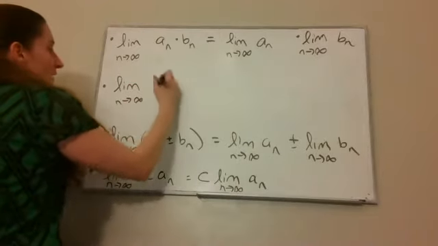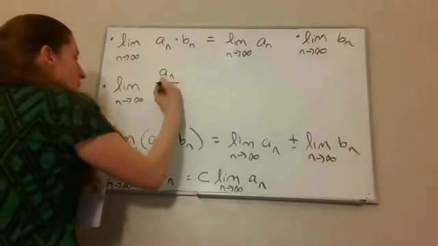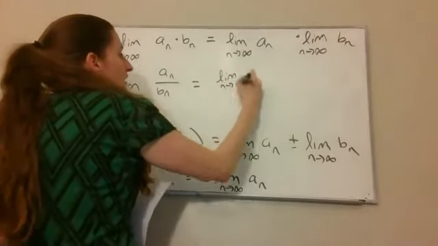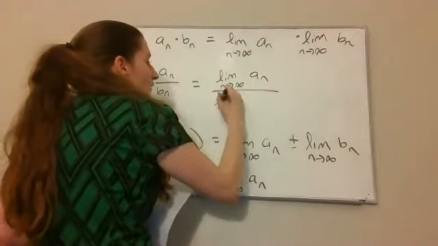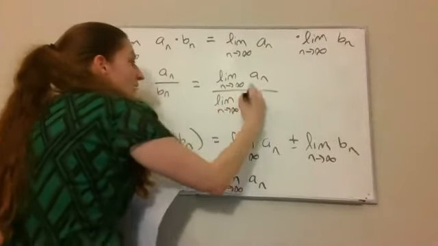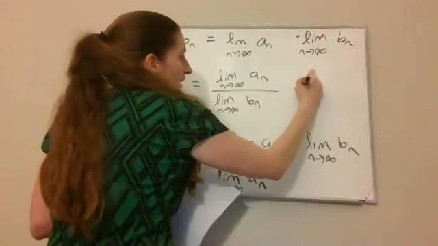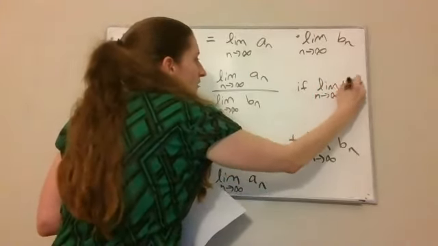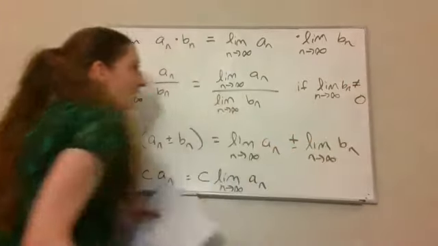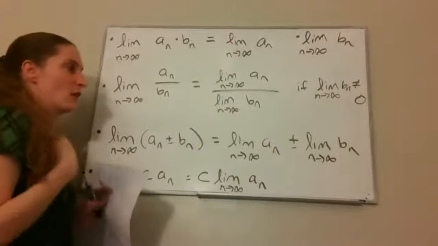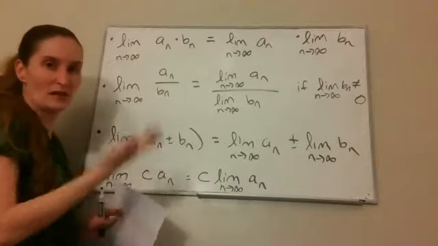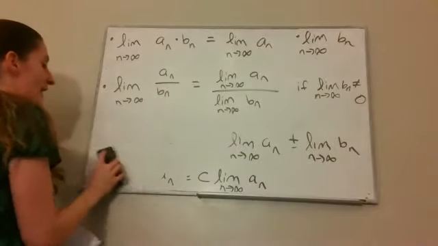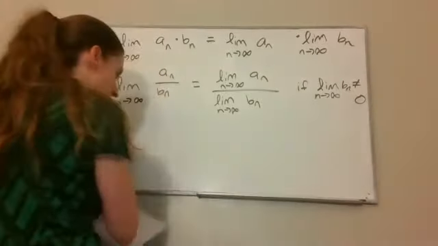Similarly, the limit of your quotient is equal to the quotient of the limits if we end up not dividing by 0. So you can't have the limit of b_n equals 0, but as long as it's not 0, then the limit of the quotient is the quotient of the limits, provided you have convergent sequences.